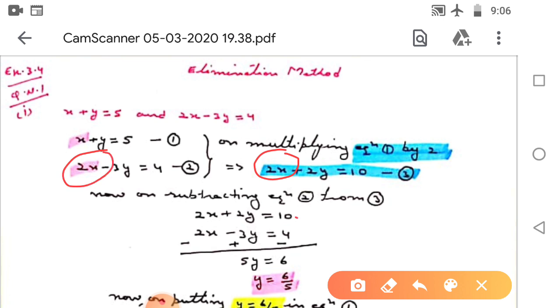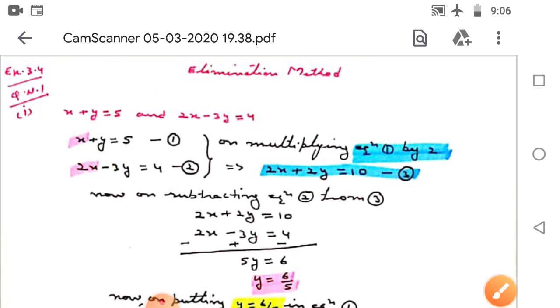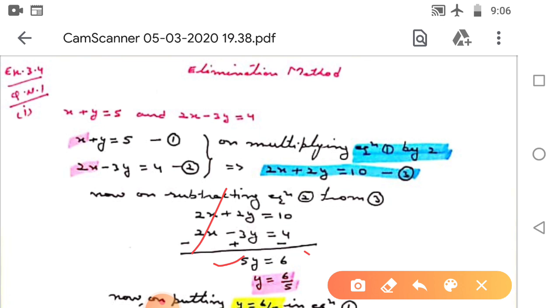Now on subtracting equation 2 from equation 3, equation 3 is 2x plus 2y is equal to 10 and equation 2 is 2x minus 3y is equal to 4. Since we are subtracting, we need to change the sign. So plus 2x becomes minus 2x, minus 3y is plus 3y, plus 4 is minus 4. Clear? So now plus 2x minus 2x gone, plus 2y plus 3y is 5y, 10 minus 4 is 6, and the value of y comes 6 by 5.